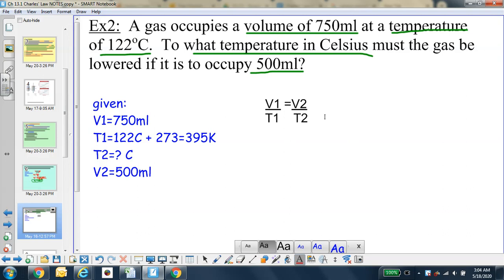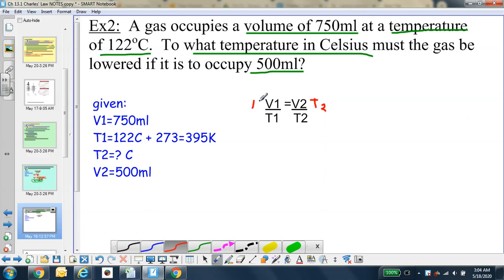Now, I want you to pay close attention to what we're about to do next. Take a look at where temperature 2 is. It is in the denominator. So what I'm going to need to do is move it into the numerator position. So I'm going to put T2 up here, and what I do to one side, I have to do to the other.